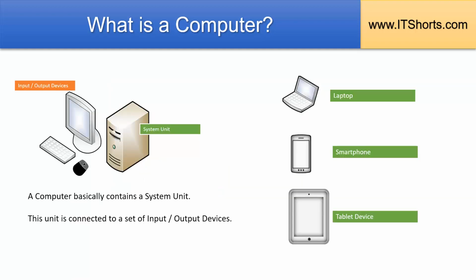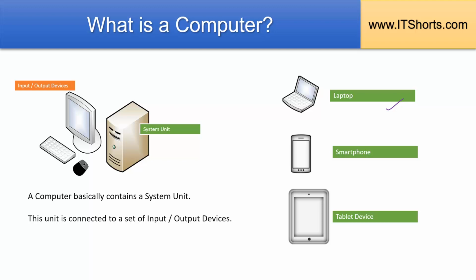Computers come in different shapes or different form factors, if I may use a technical term used in the information technology industry. For example, a laptop is a computer. It just contains the input-output devices such as monitor, keyboard, and mouse attached to it. The mouse may be in the form of a trackpad in there.